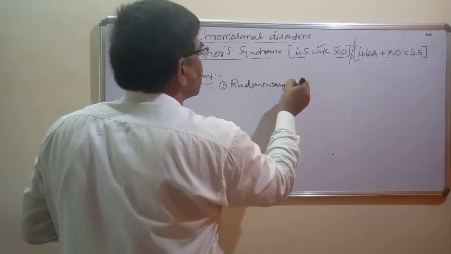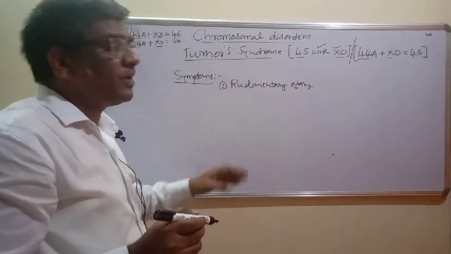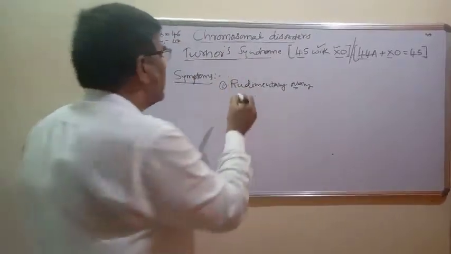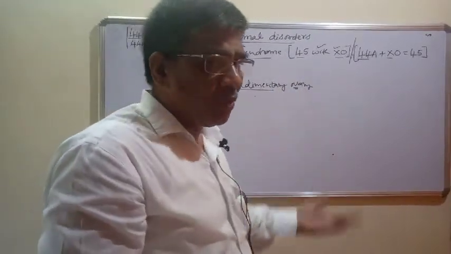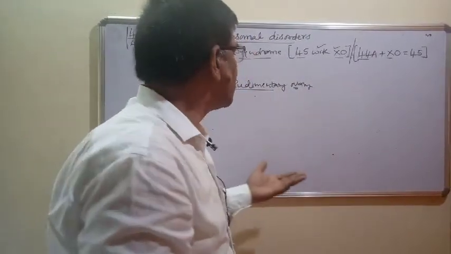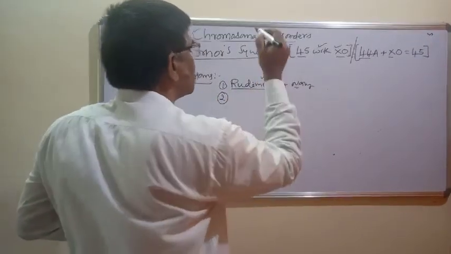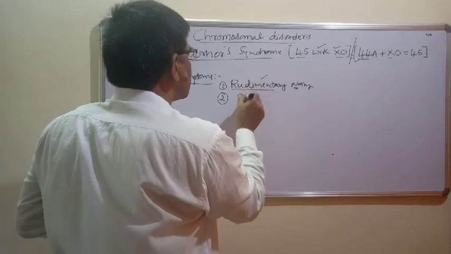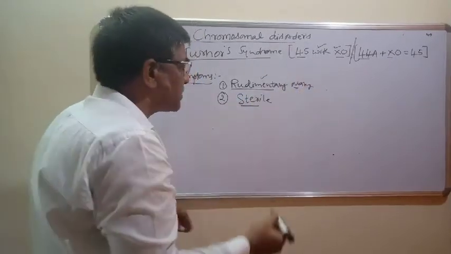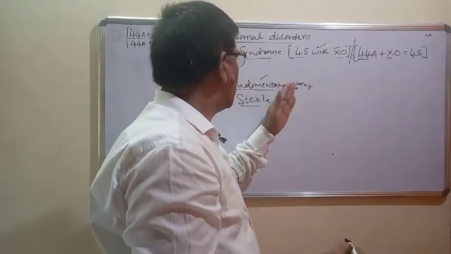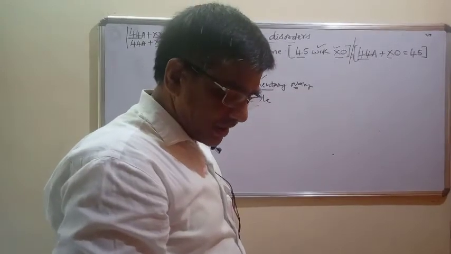The ovary is the primary sex organ of a female. That ovary itself is not well developed. When the ovary is not developed, no oogenesis and no menstrual cycle takes place. Because of this, the female becomes sterile. Why? Because she cannot produce eggs, and also no menstrual cycle takes place, so she is sterile.